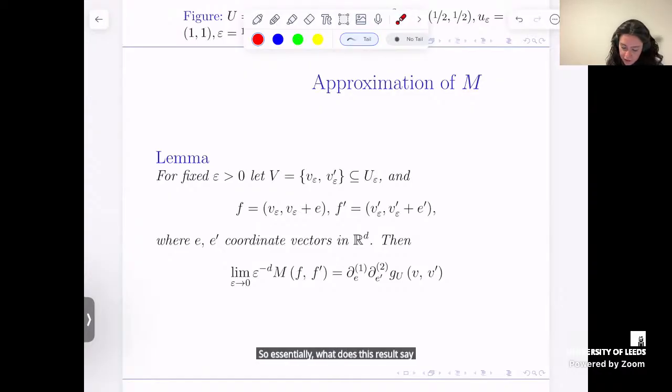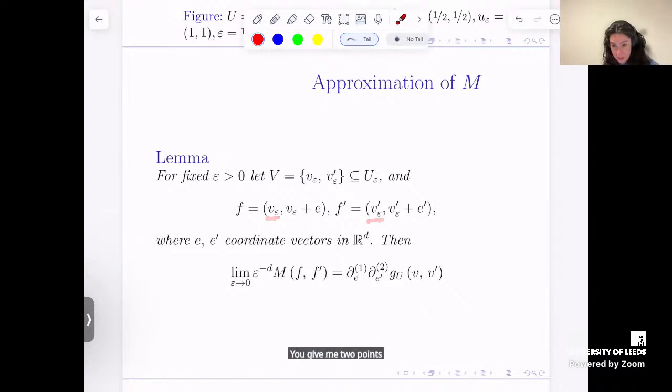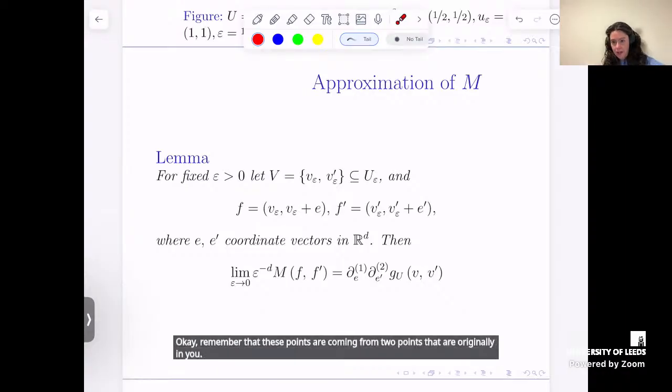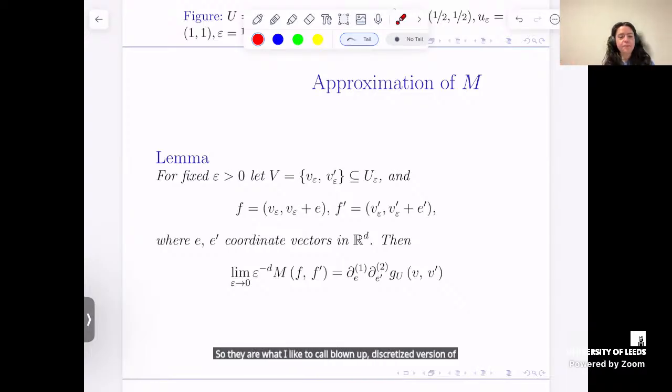Well, you are in this graph U_epsilon. You give me two points, v_epsilon and v'_epsilon. Remember that these points are coming from two points that are originally in U. So they are what I like to call the blown up discretized version of points in U. And I take two edges, f and f', which are incident to these two points.